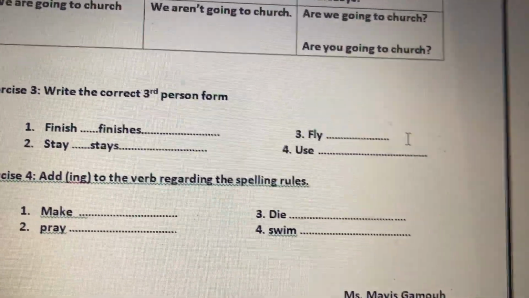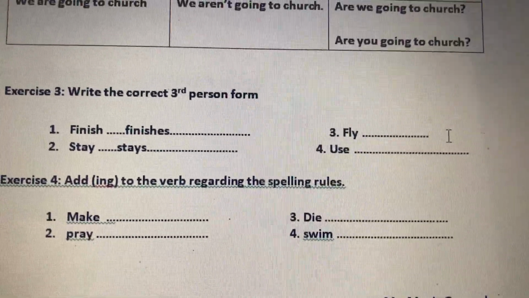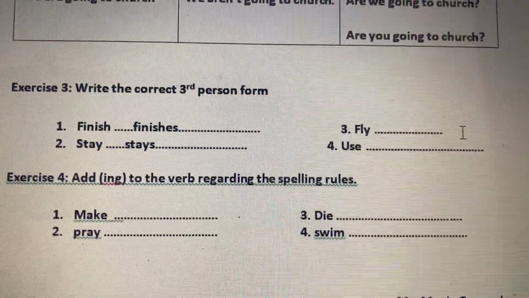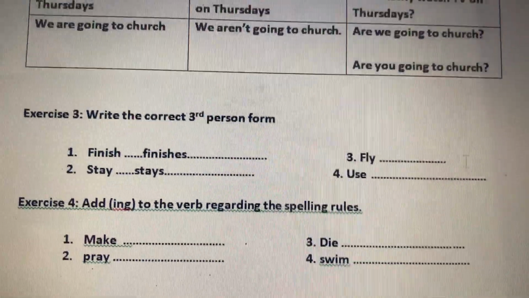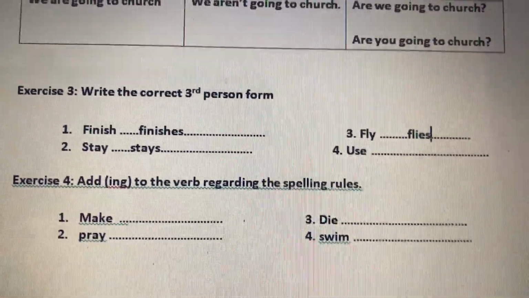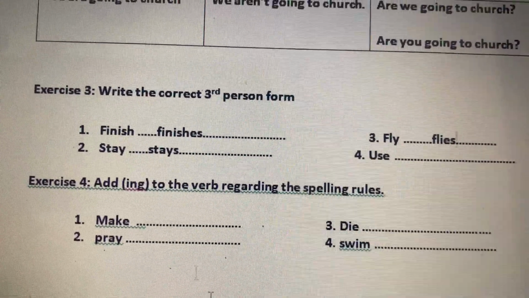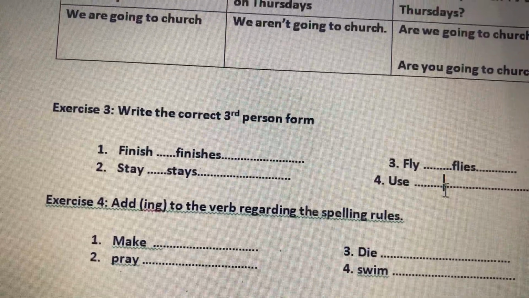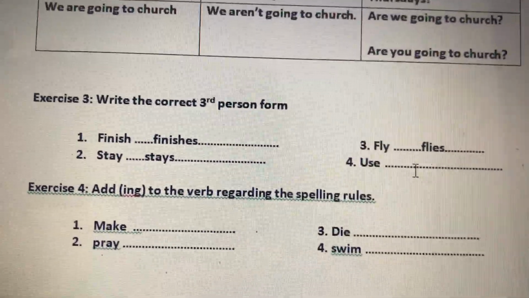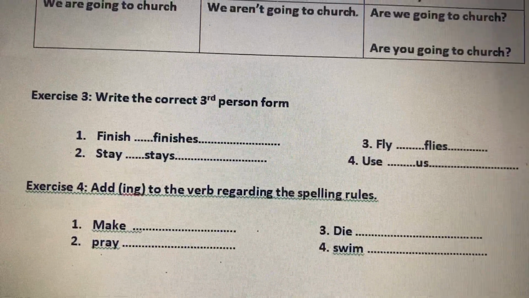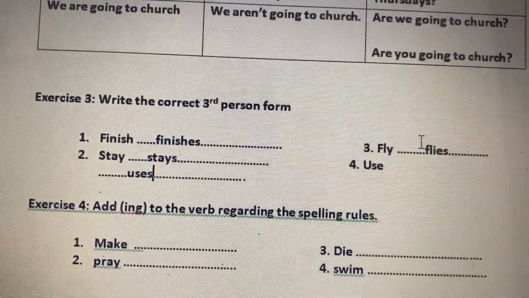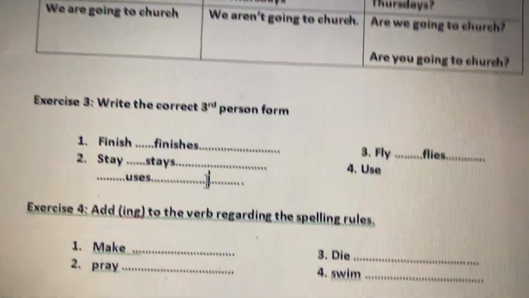So we will delete the Y and replace it with an I and add ES. So it will become flies. Number 4, we have the verb use. It has an E already, so we just have to add S. It will become uses.